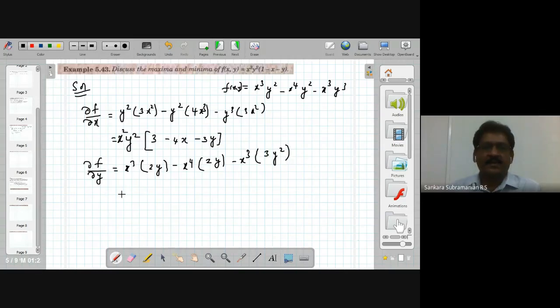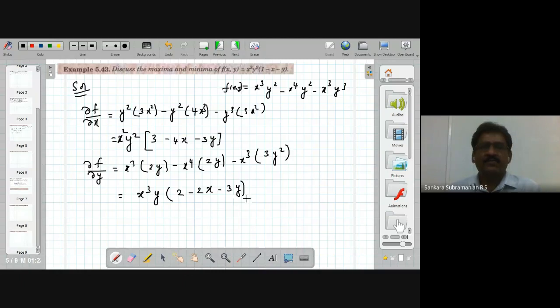You try to find what are the common terms. x cube is common, take it out, and y is common in all the 3 terms. So if I take x cube and y out, the constant 2 will be there, and here minus 2 times x will appear in the second term. x cube is taken out, so minus 3 times y will be there.